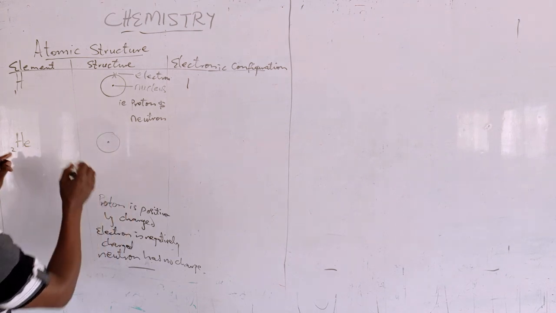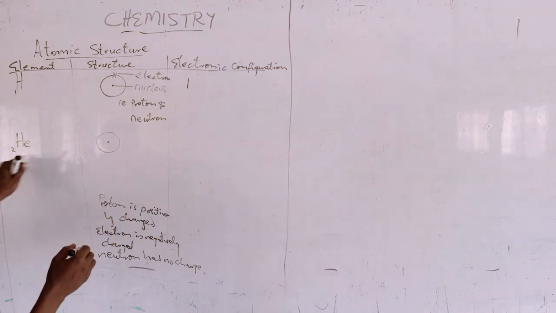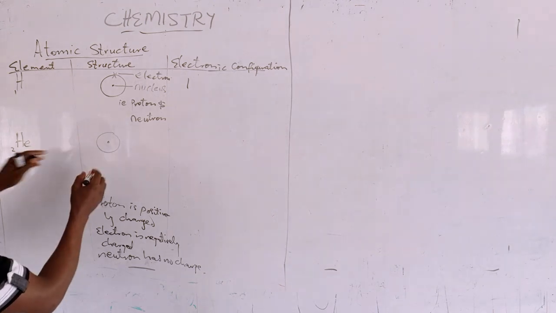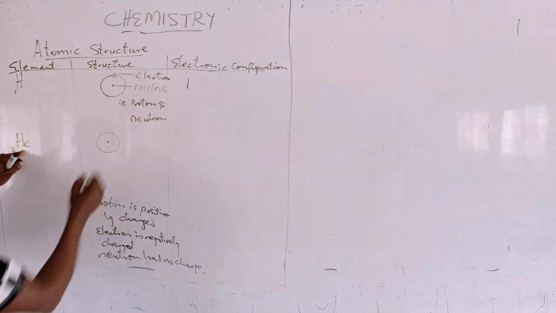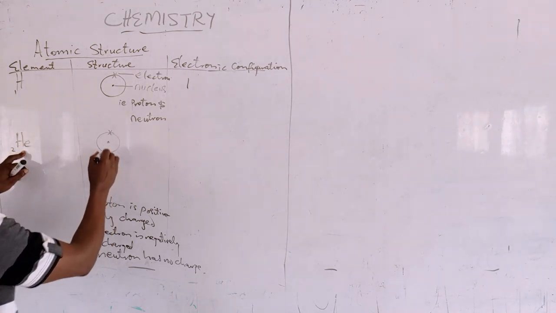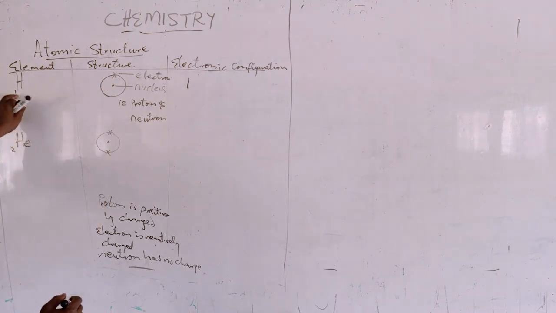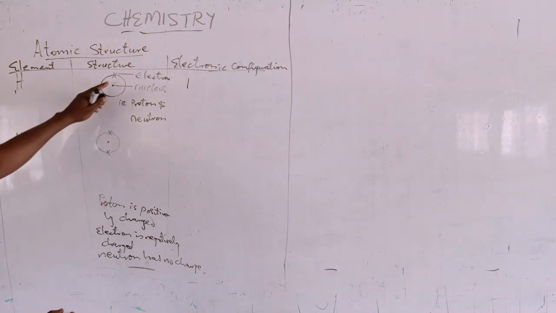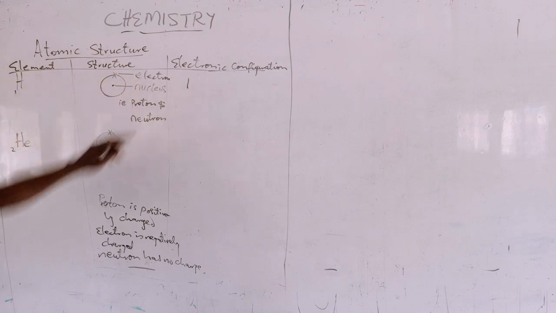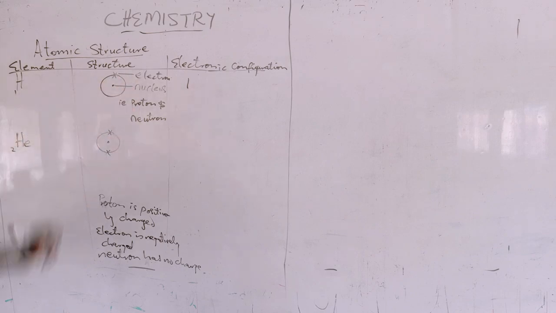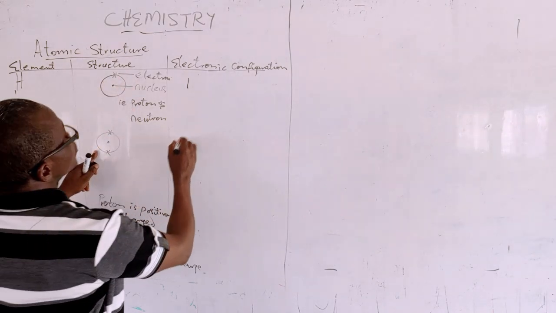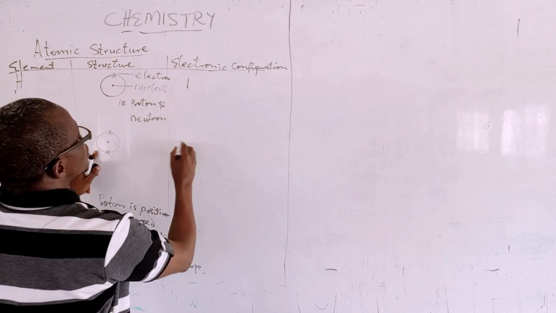My concern now is the number of electrons that helium has, which are 2. It is increasing from hydrogen. Hydrogen atomic number was 1, helium 2. So number of electron 1, number of electrons 2. On the electronic configuration, 2.